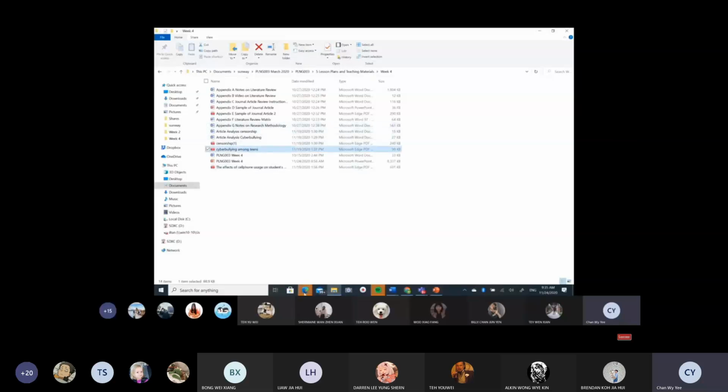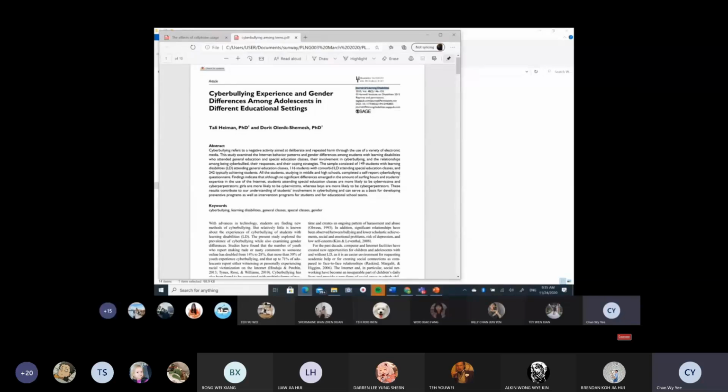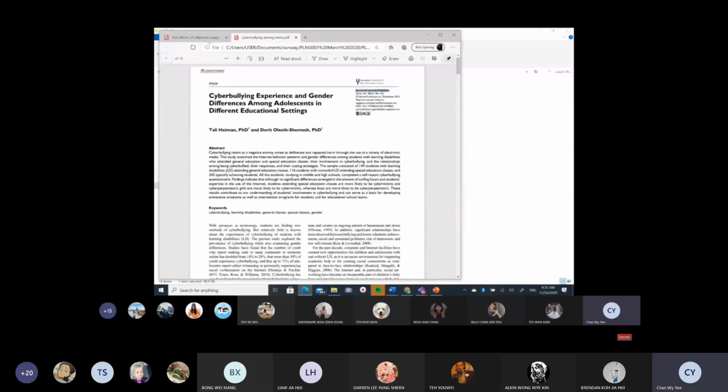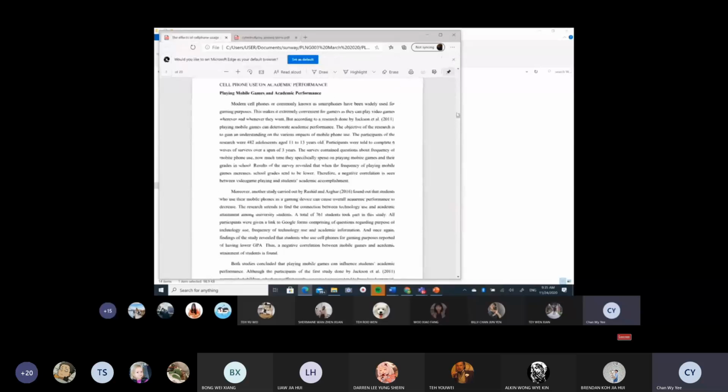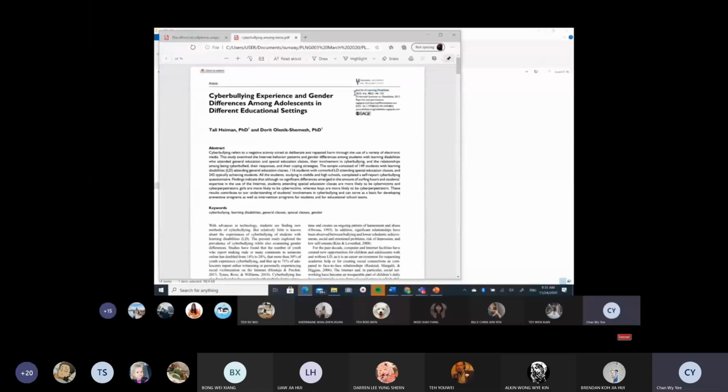I will show you a sample. This one is published by Sage in the Journal of Learning Disabilities. If it's published, you can see when it was published, where it was published, which volume, which page number, and which institute, Sage.